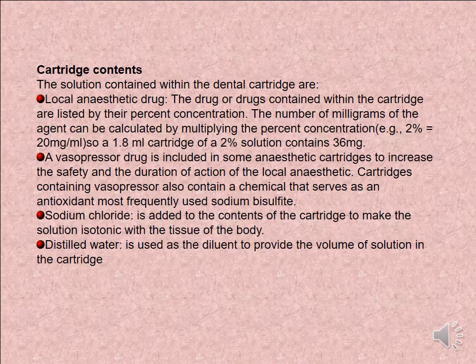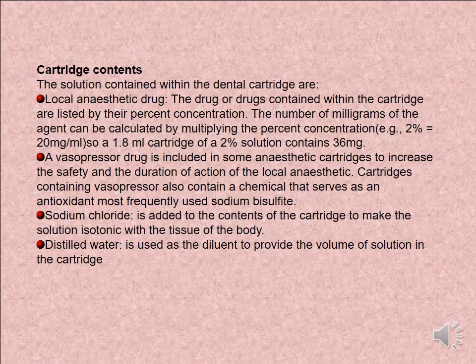The solution contained within the dental cartridge is a local anesthetic drug. The drug or drugs contained within the cartridge are listed by their percent concentration. The number of milligrams of the agent can be calculated by multiplying the percent concentration. Example, 2% equals 20 milligrams per mL.